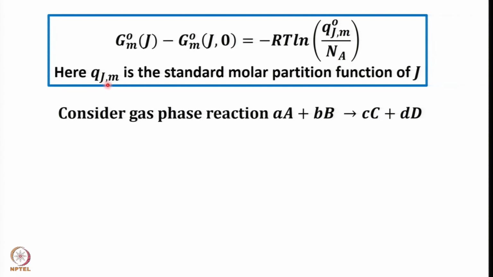And as mentioned over here, Qjm is the standard state molar partition function of species J. Now consider any gas phase reaction. One such example is a moles of A reacting with b moles of B to form c moles of C and d moles of D. This is the expression that we are going to use.